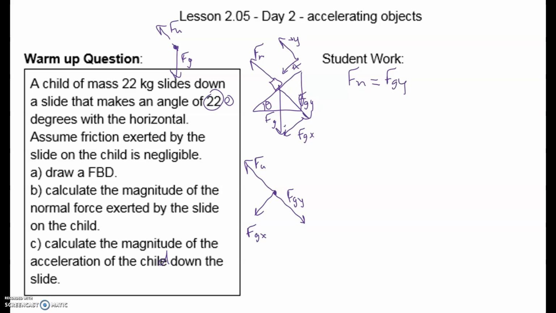Right. So in order to figure out what that is, we have to do a little bit of math, a little bit of geometry. Because I've drawn a right triangle here for my ramp, now we need to figure out where this angle theta is in this right triangle.